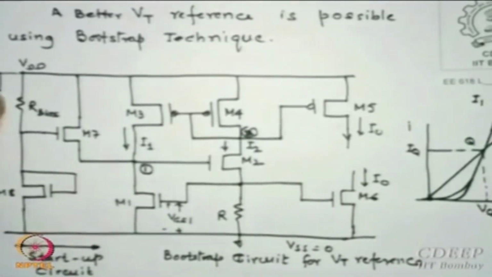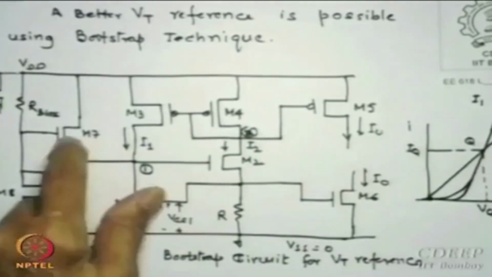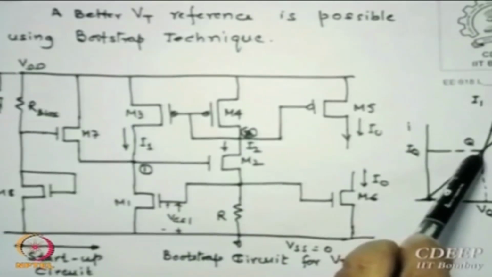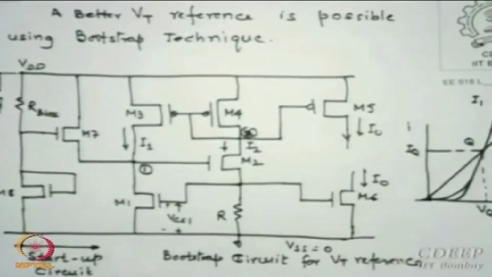The way these values are adjusted, at the point where you reach here, VGS minus VT, VGS should be slightly lower than VT, so that M7 switches off, and switches off where? At this point, is that clear? Now we say once M7 switches off, it does not participate. Why? Because once the circuit is on, this remains off.